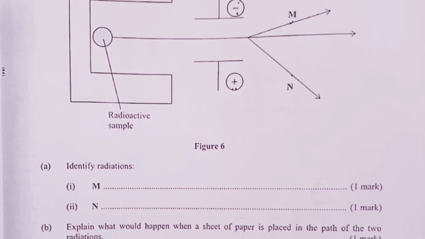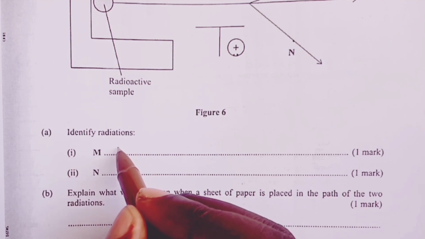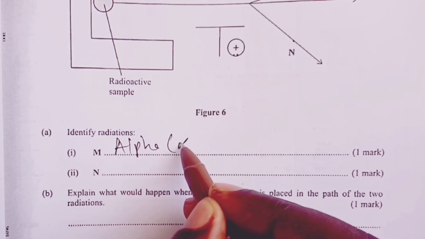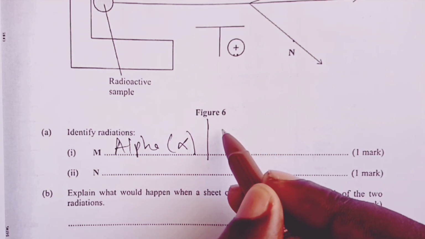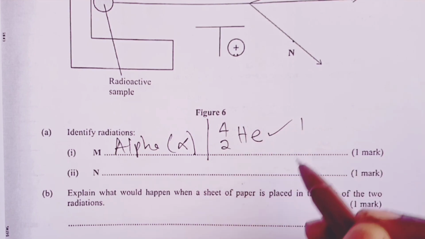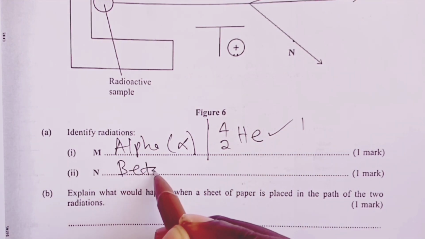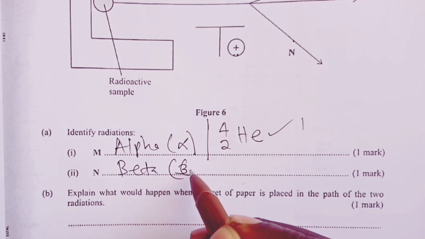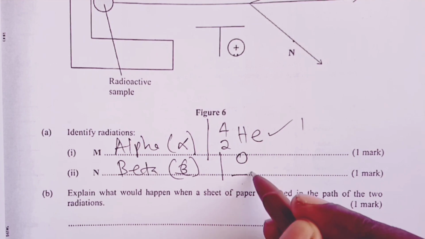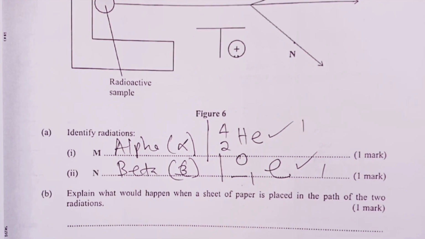First question, identify radiations M. We've agreed it is alpha. Someone can use the symbol or we can use the representation, 4 2 He, for 1 mark. N is beta, beta represented like that, or we can use the representation of 0, -1 e for the next mark.